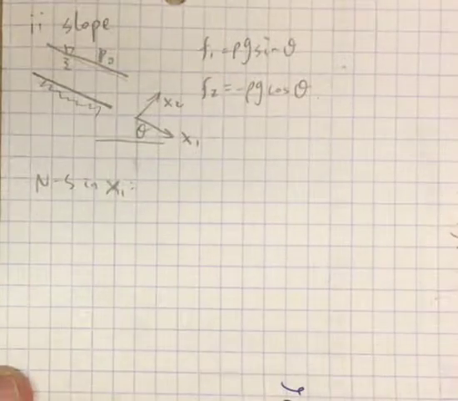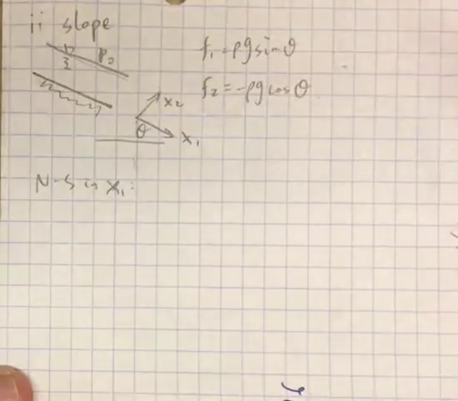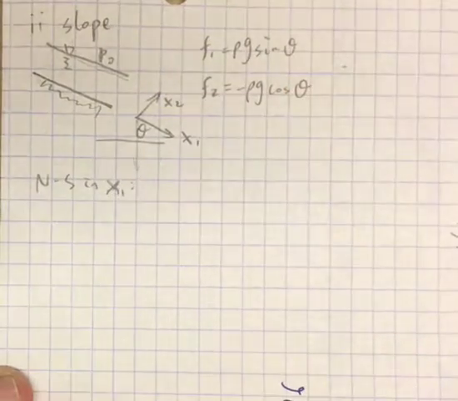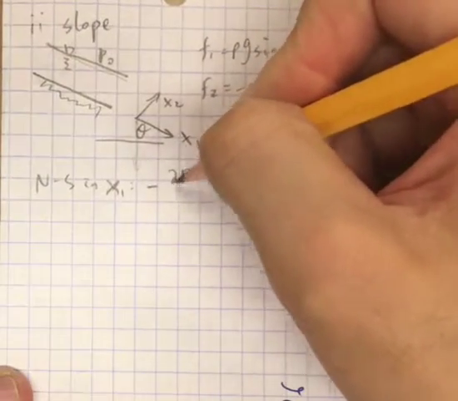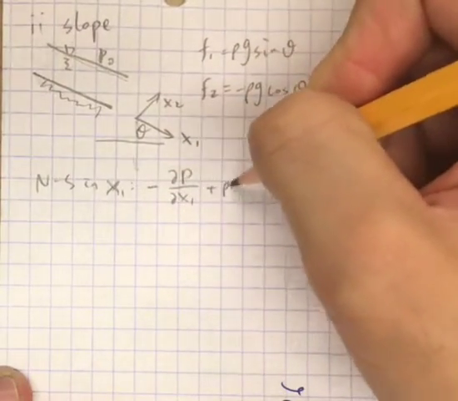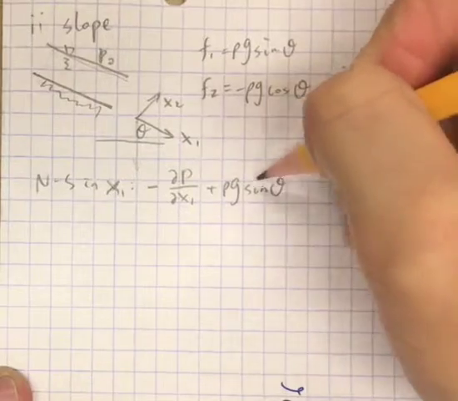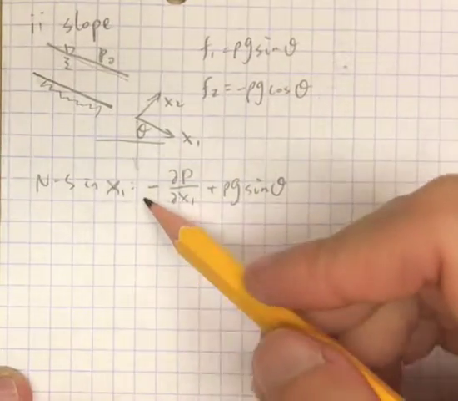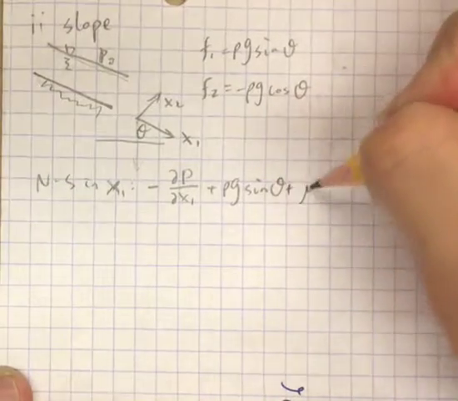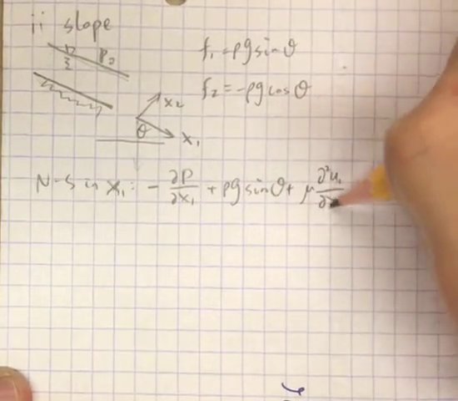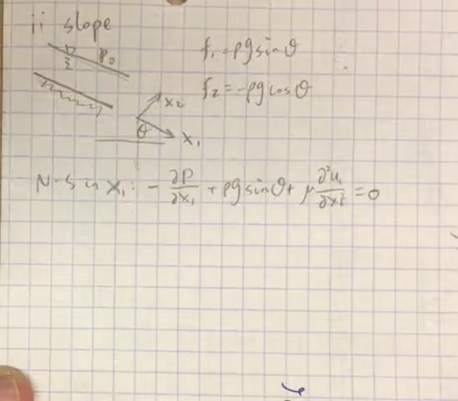With those conditions, we can simplify the NS equations. Suppose we had done that, and we would get something like this: dp/dx1 plus rho g sine theta, the left-hand side of the NS equation will be 0 again, plus mu d²u1/dx2². This thing is equal to 0.